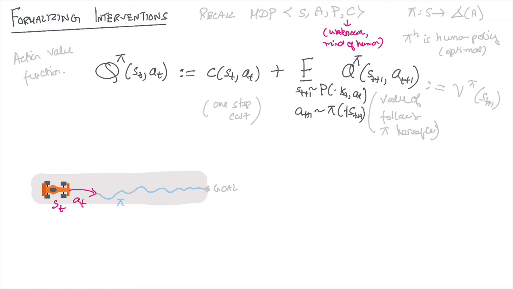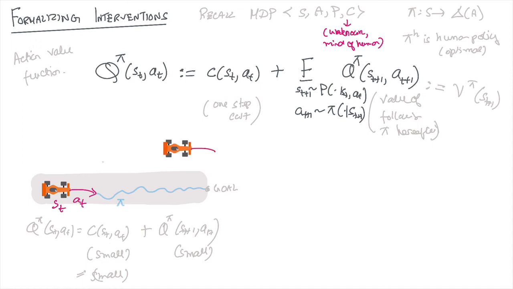Well, it's the one-step cost of executing a_t at s_t plus the value of the future state on executing pi. And for this particular example, both of these terms are small. The one-step cost is small, you're basically driving straight. And the second term is small because the policy pi can nicely drive all the way to the goal.